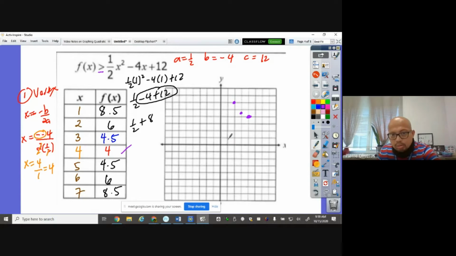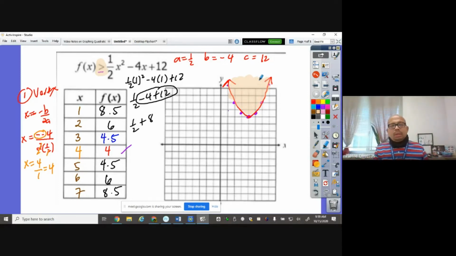And 1, 8.5. 1, 2, 3, 4, 5, 6, 7, 8, approximately above that one. And reflection. Connect them with a solid line because it's greater than or equal to, and we shade the above portion because it's greater than, and the above is right here. Very easy, right? All right, there you go.